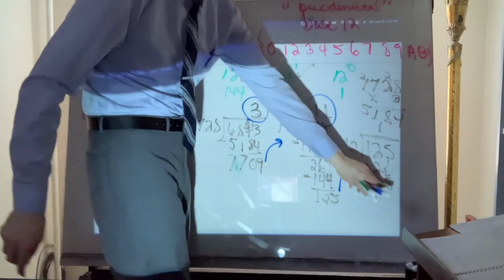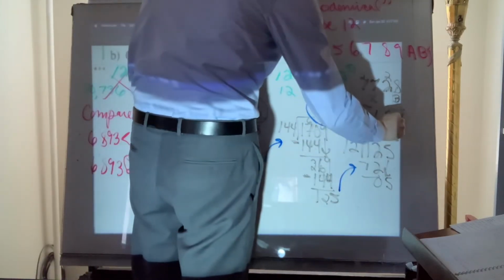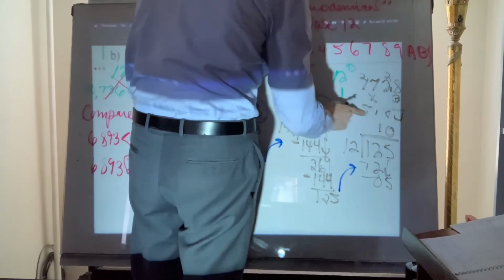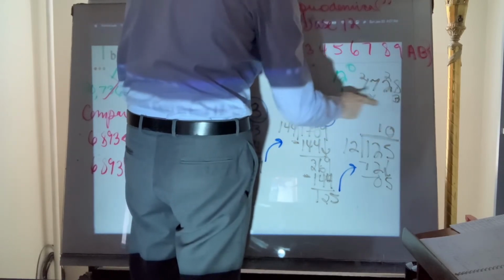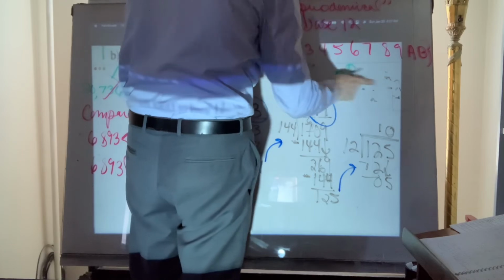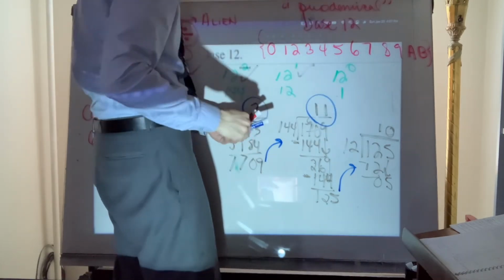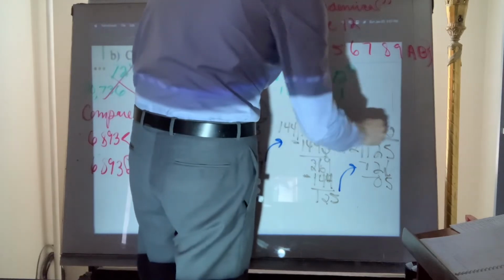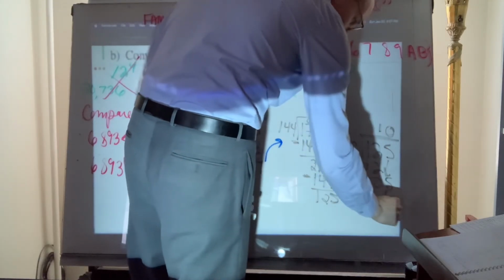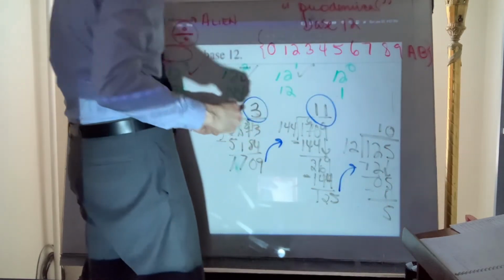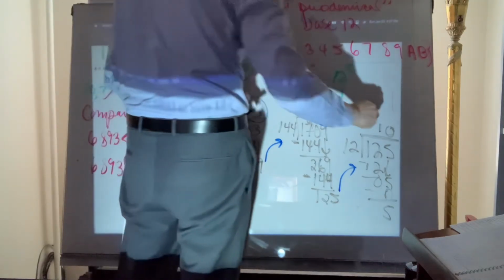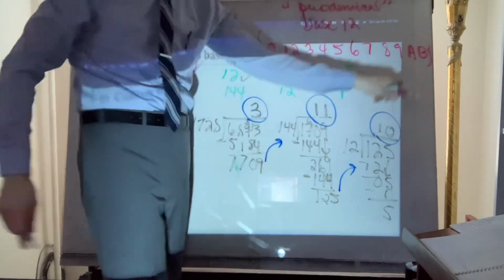How many 12s can you fit in 5? 0. Just to get that out of the way. I don't want to get confused. 0 times 12 is 0, so you're left with a remainder of 5. This is again a double digit answer, which again we're going to eventually have to substitute.